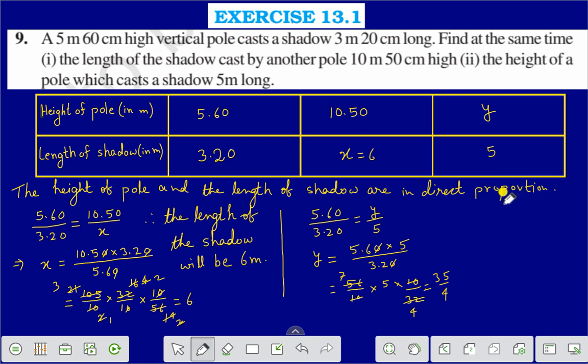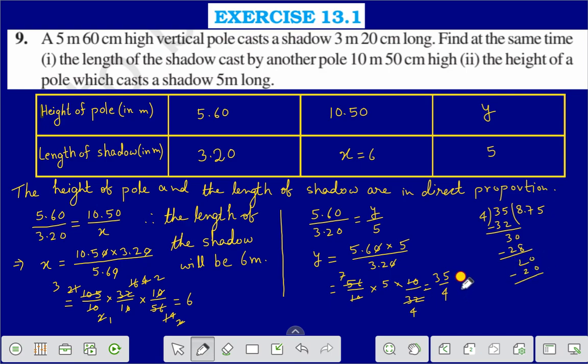If we divide 35 by 4, 8 4s are 32, 35 minus 32 is 3, then the point, it is 0, 4 7s are 28, subtracting we get 2 and 0, 4 5s are 20. We are getting 8.75.